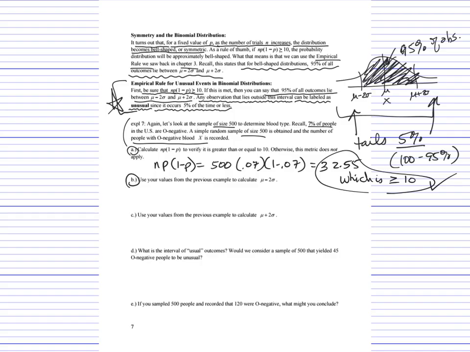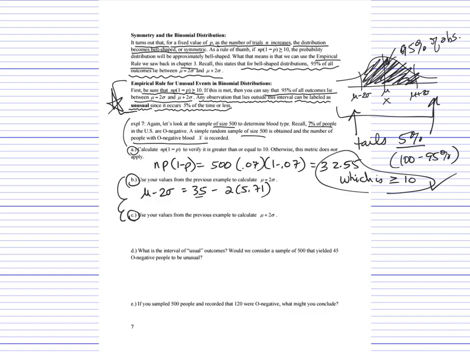Now, let's find mu minus 2 sigma and mu plus 2 sigma. That's parts B and C. That will tell us between which two values 95% of the outcomes lie. Okay, so mu minus 2 sigma, using our mu and sigma from before, I got 35 minus 2 times 5.71.